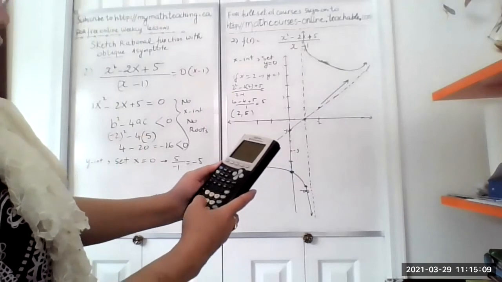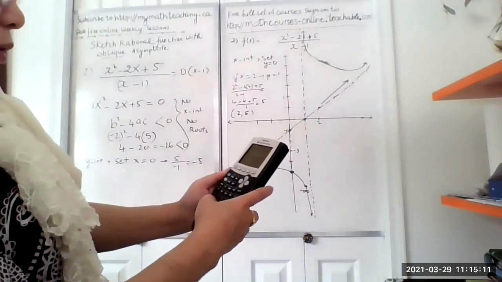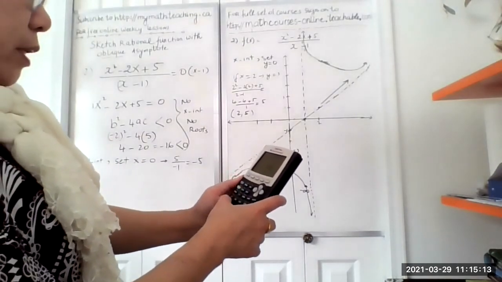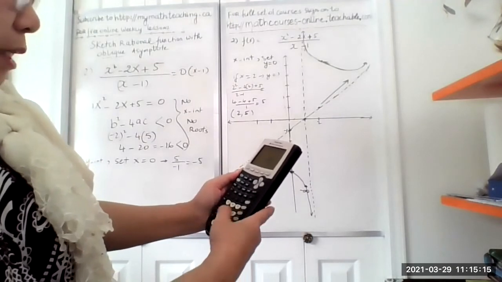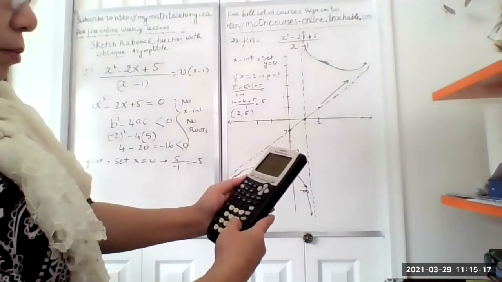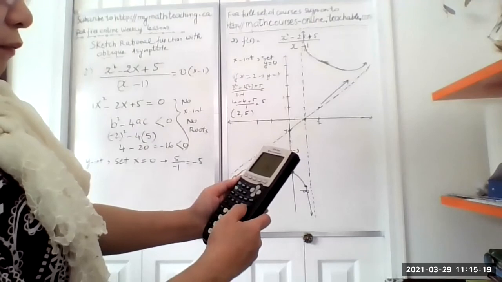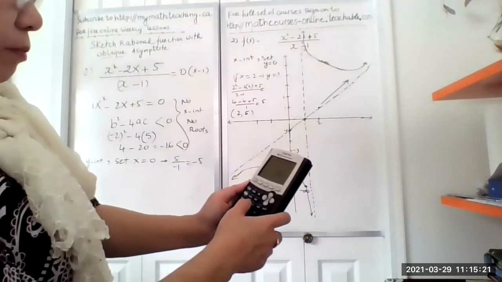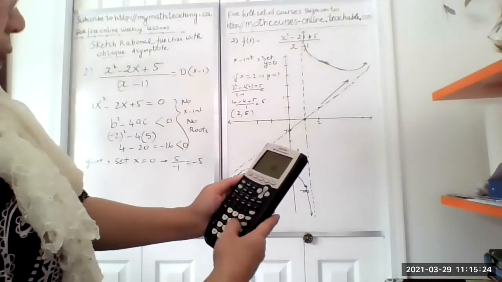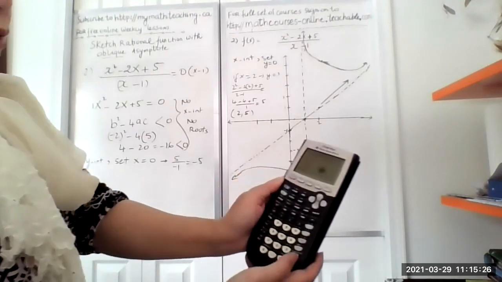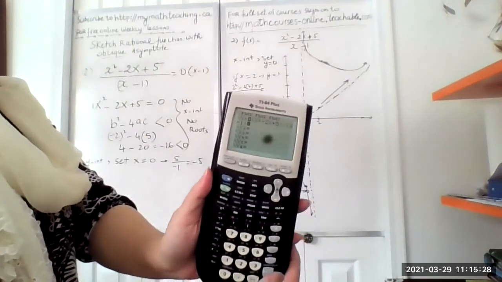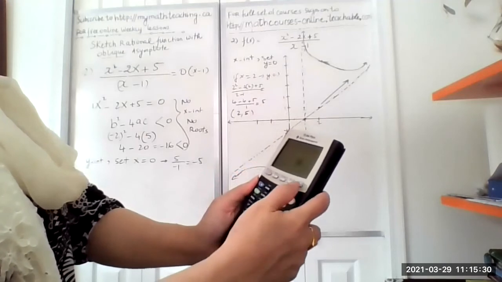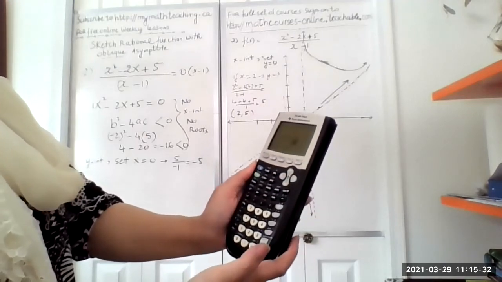I'm going to key in the function. On the top will be x squared minus 2x plus 5, divided by, on the bottom, x minus 1. So that's how I key it in on the graphing calculator, right? And now let's sketch it.